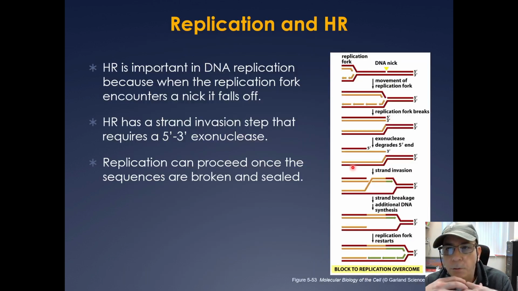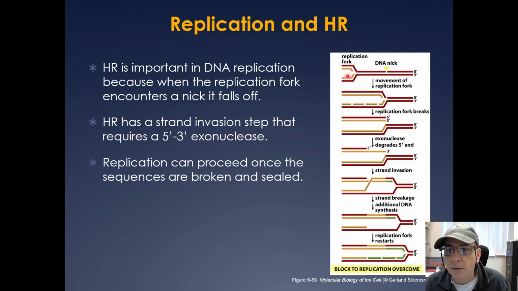Okay, now on to homologous recombination, because homologous recombination is important in a number of processes, and I really want you guys to appreciate and know a lot about it. One area where it's used a lot is during DNA replication. DNA nicks can be quite common, and that's a single cut in a single strand of DNA.